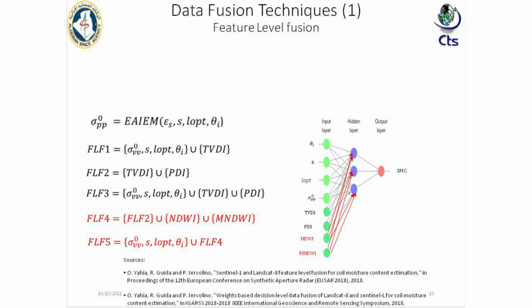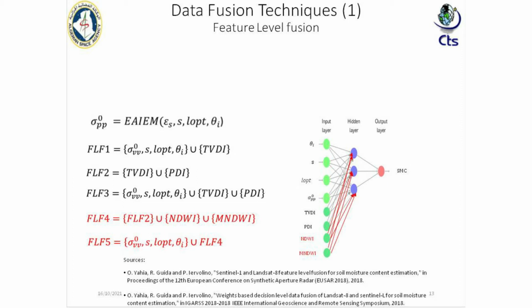Basically, we extract features that are relevant to soil moisture content, and we concatenate them together in joint feature vectors. Those joint feature vectors are fed to artificial neural networks, or in our case, 10 artificial neural networks.